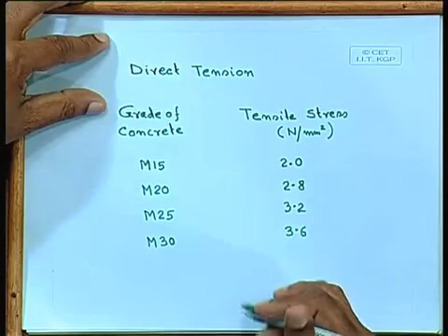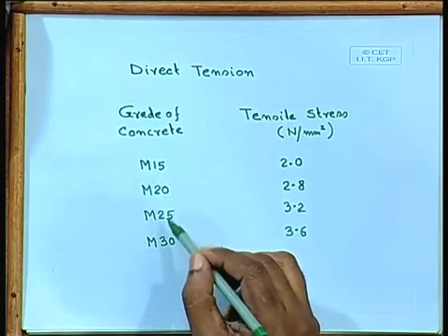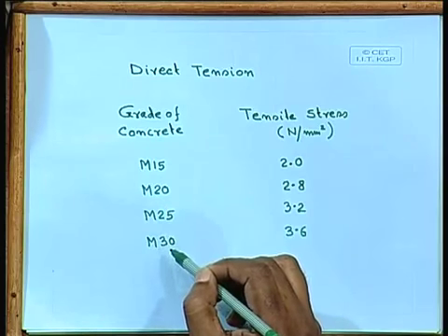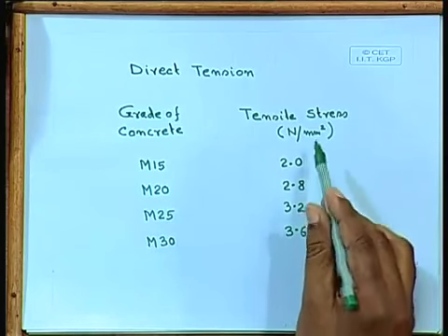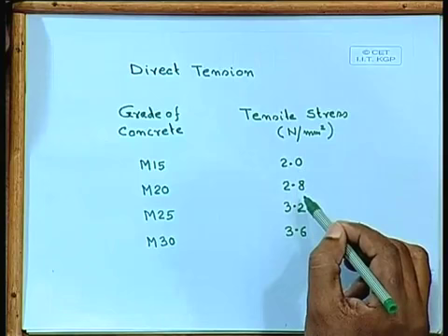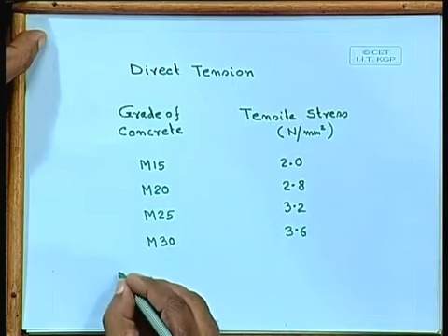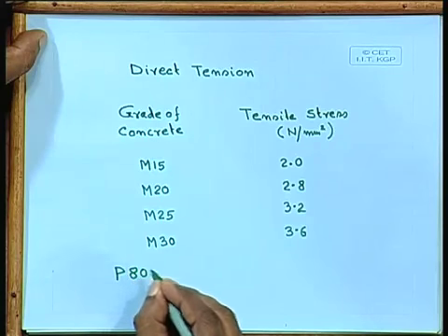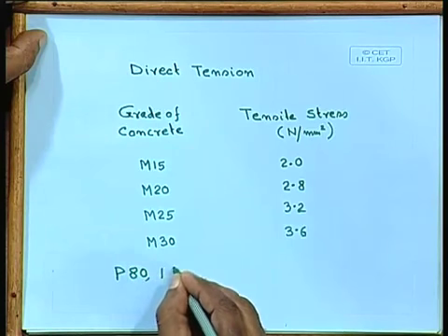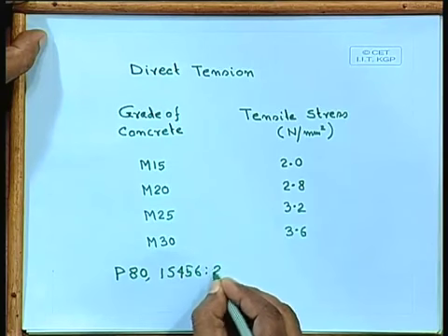There are many others, but we shall consider M15, M20, M25, M30. Generally we consider M20 and M25 for RCC. So our tensile stresses are 2, 2.8, 3.2, 3.6, from page 80, IS 456, 2000.